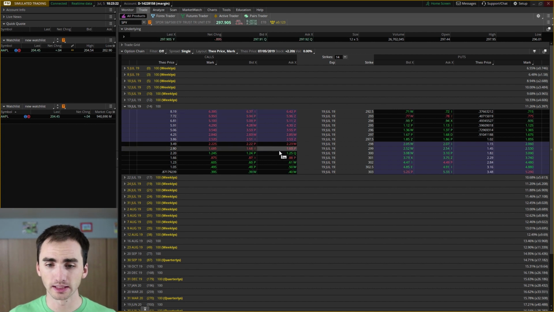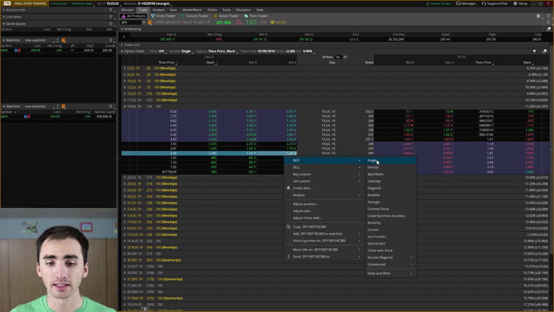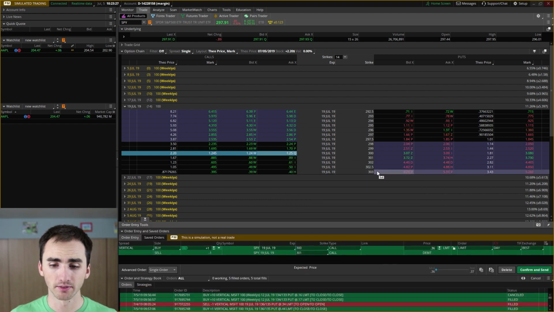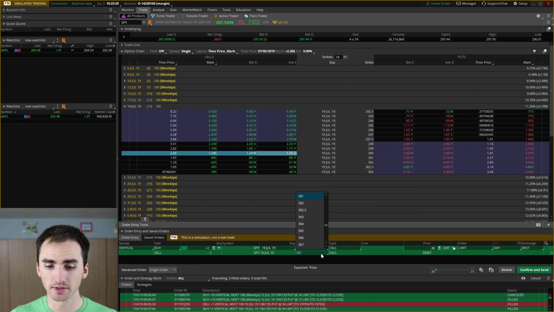Now, what we were doing is we were going to buy the 300 vertical, and we want to change this to 302, I believe we had it, and we're getting filled at 64 price, and we always want to try and get the mid price. Now down here you can see that the natural and the mid are very close.